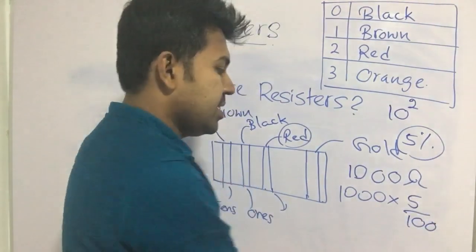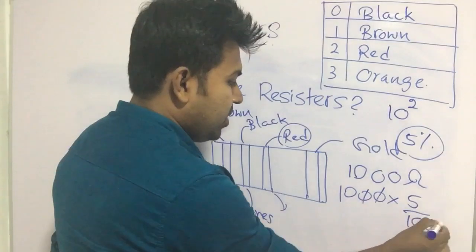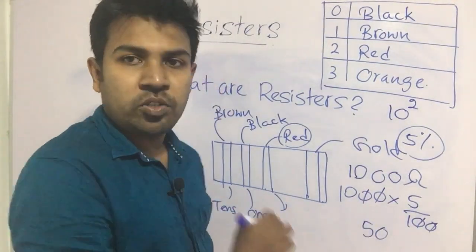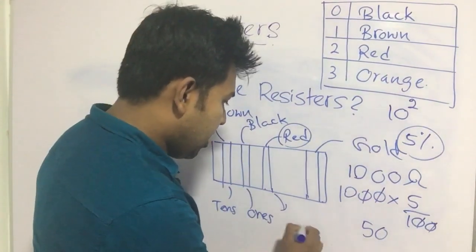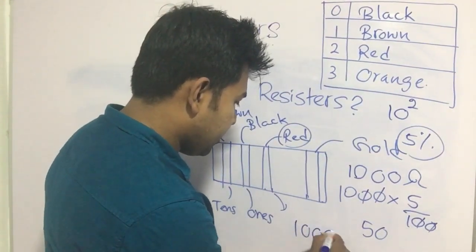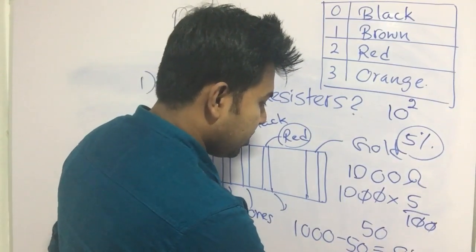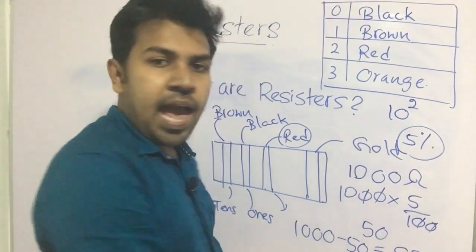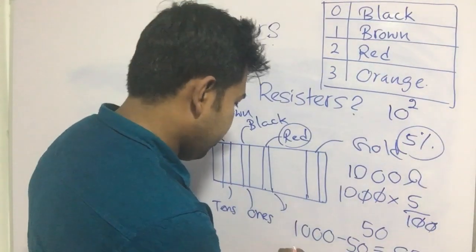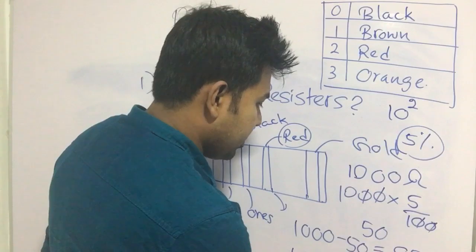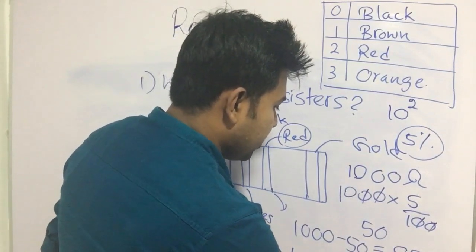Then you will be getting 50. Then you have to subtract 50 and get one value, 950 ohms, and adding that value you get 1050 ohm.